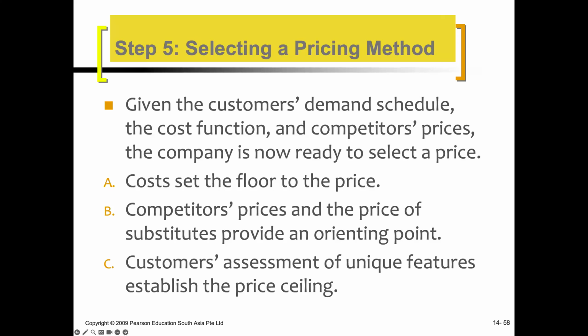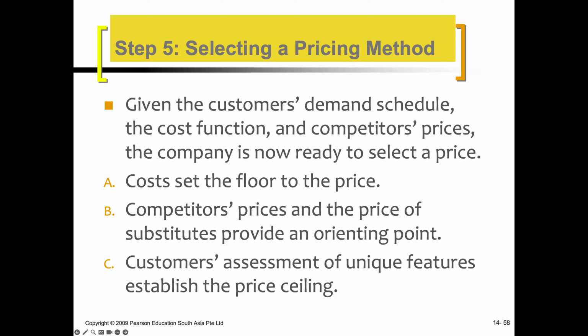So given the consumer's demand schedule, the cost function, and the competitors' prices, the company is now ready to select a price. Of course, you need to collect all of those data in the first 4 steps in order to make this decision.